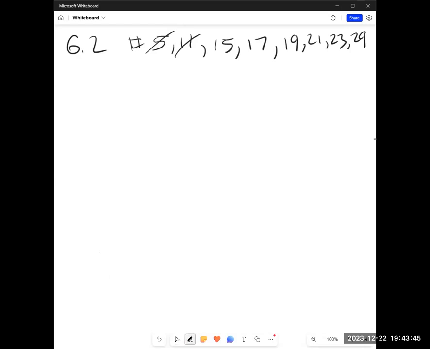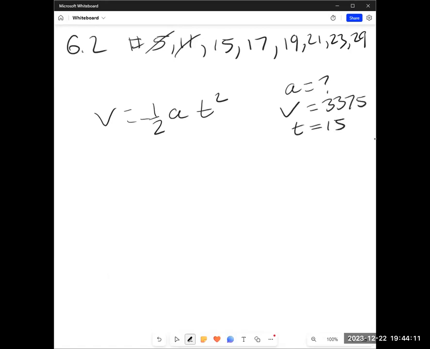All right, now we've got velocity is equal to -1/2 a, which is acceleration, times time squared, where they want us to find a when v is equal to 3375 and t is equal to 15.